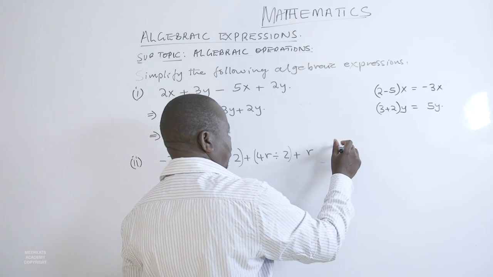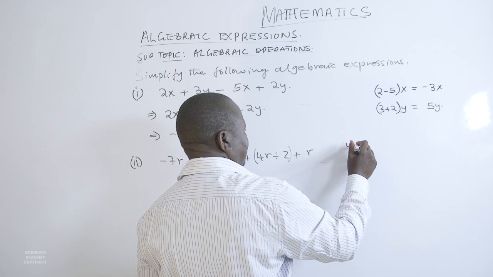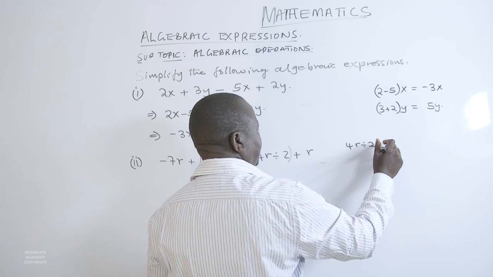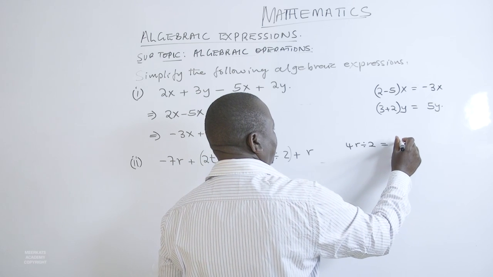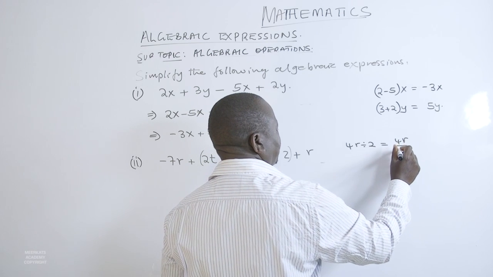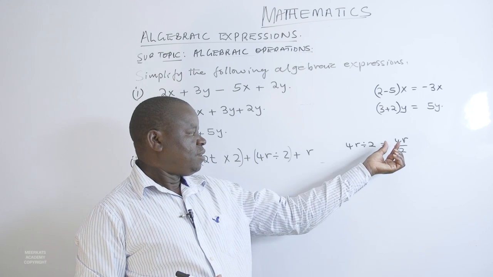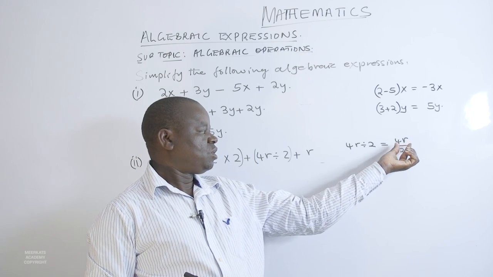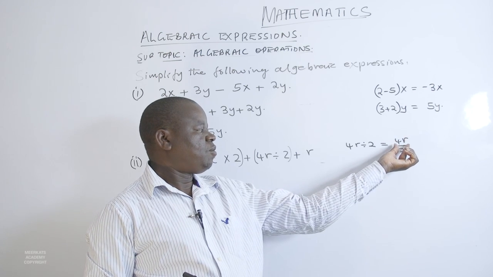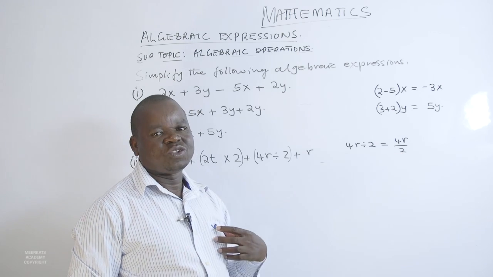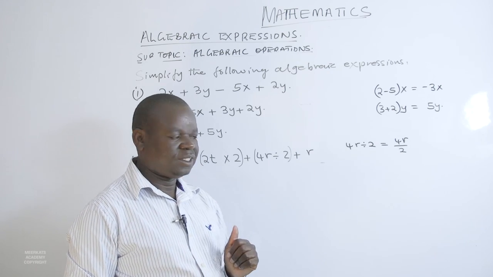So we have 4r divided by 2, which we can write as 4r all over 2. This is an algebraic term divided by a constant, because here 2 has got no r, so it is a constant.